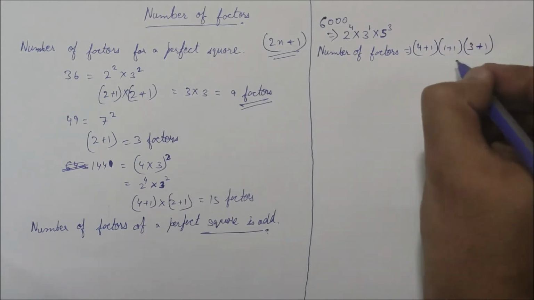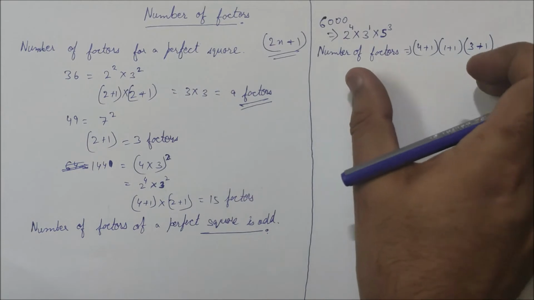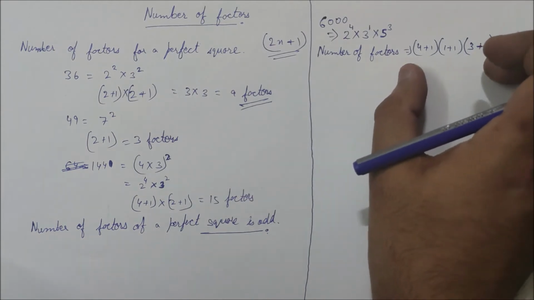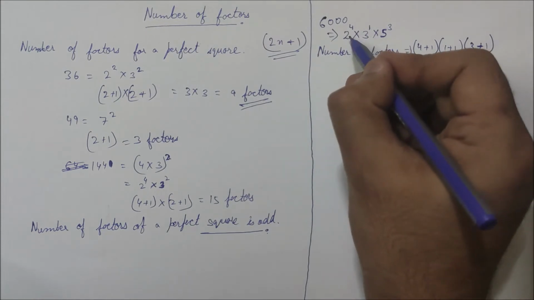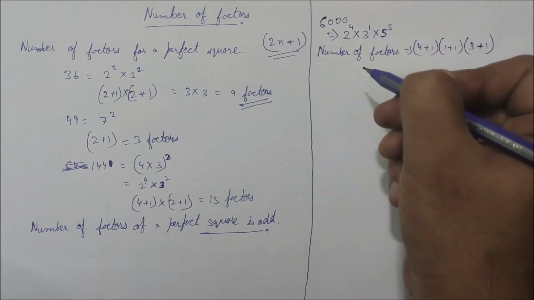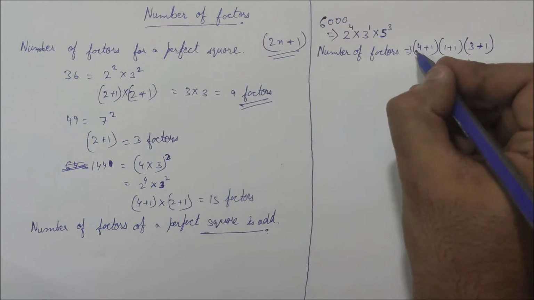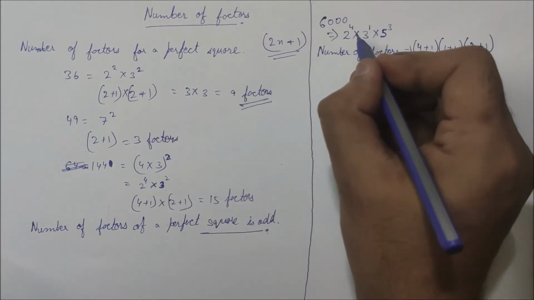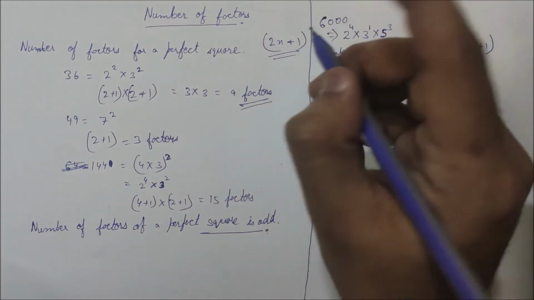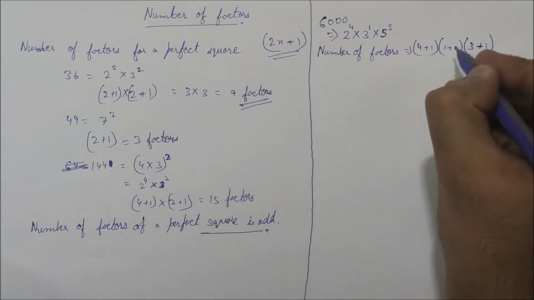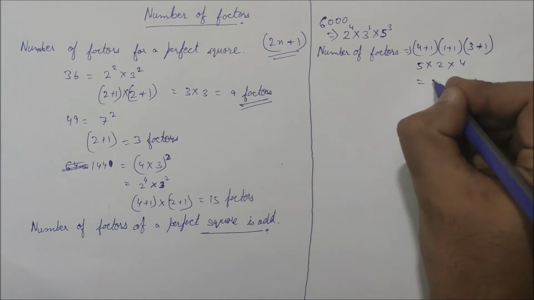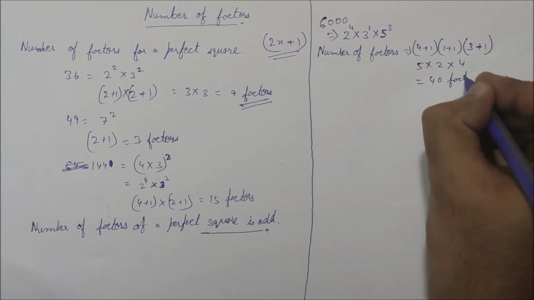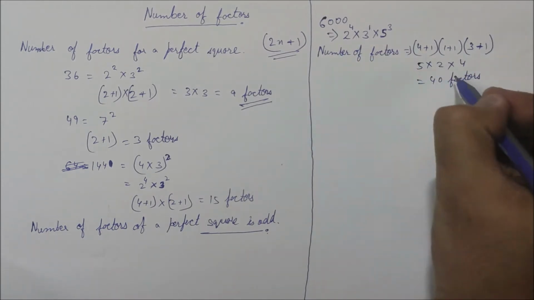I guess this was something we covered in the last lecture, and you can very well understand how this plus 1 came, because there are 5 options available, which are 2 to the power 0 till 2 to the power 4. So we have 4 plus 1 because of the fourth power, and we have added a 1, that is 2 to the power 0. So I got 5 into 2 into 4, which is 40 factors. So there are 40 factors of 6000 in all.